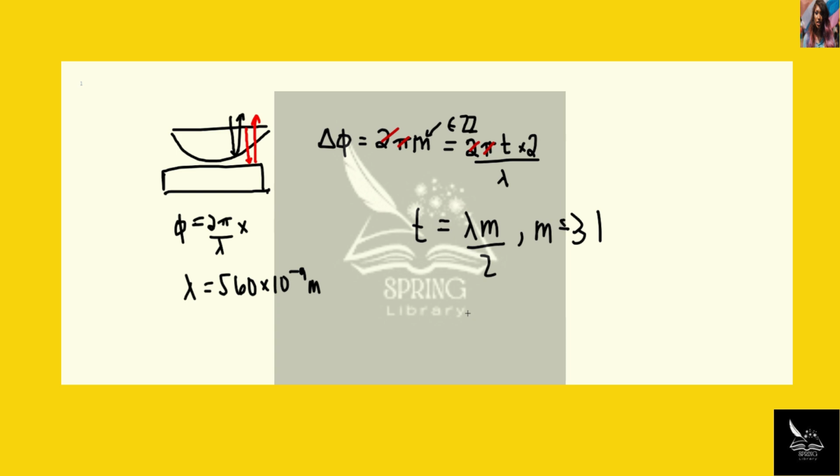If we plug in 31 here, the thickness is going to be 31 times 560 times 10 to the minus 9, and then we divide that by 2. And so we get 8.68. So that should be our thickness.